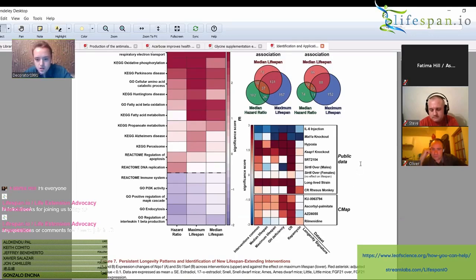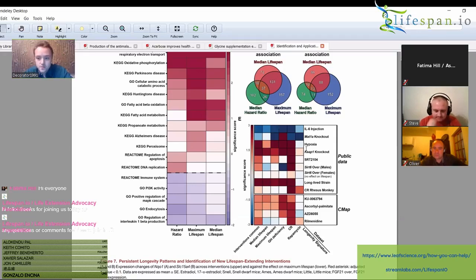So let's start from public data here. We went to the GEO database and obtained certain datasets corresponding to interventions which have not been shown to extend lifespan, but are hypothesized to have some effect on lifespan, and they are shown to have some effect on healthspan.